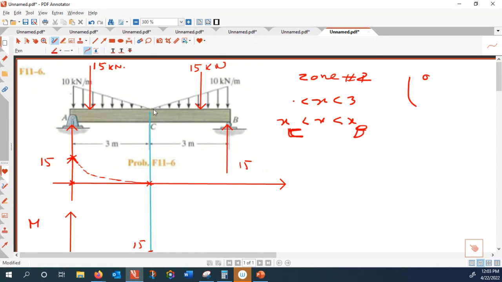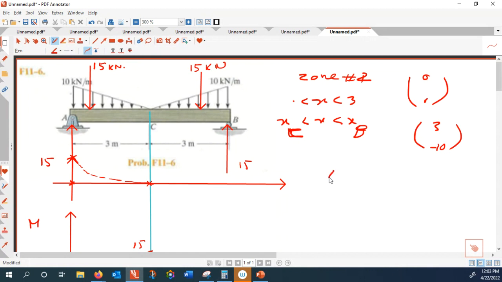We're talking about w. At this point, point C, what is w? 0. Yeah. And at x equal to 3, what is w? Negative 10.